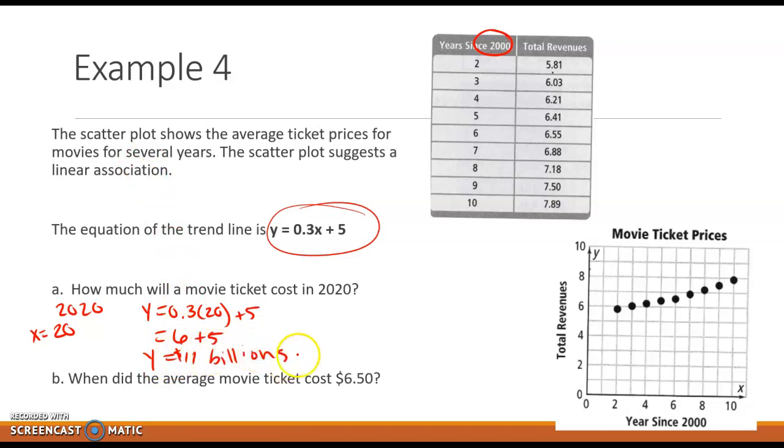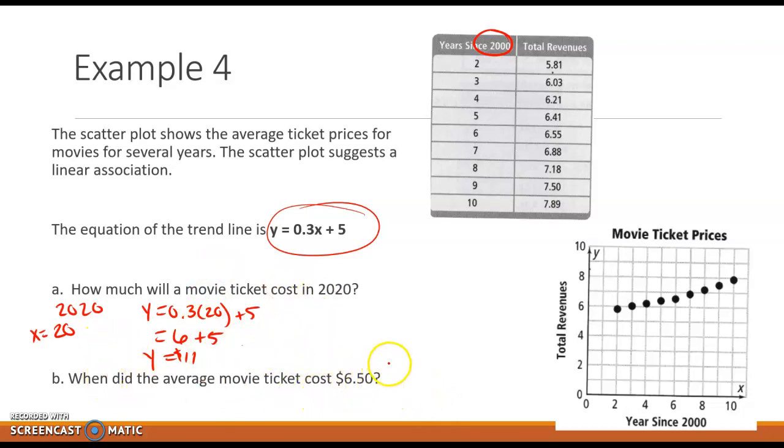And not just $11. All right, so that's the first one. Then the second one says, when did the average movie ticket cost $6 billion? It was movie ticket prices. Say, Mrs. Cartwright, you're going crazy. That's not $1 billion. All right, approximately $11 in 2020. Makes more sense that way.